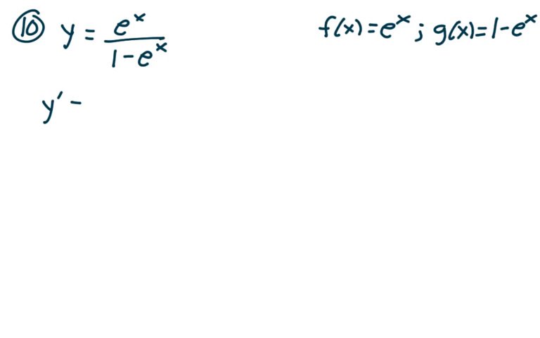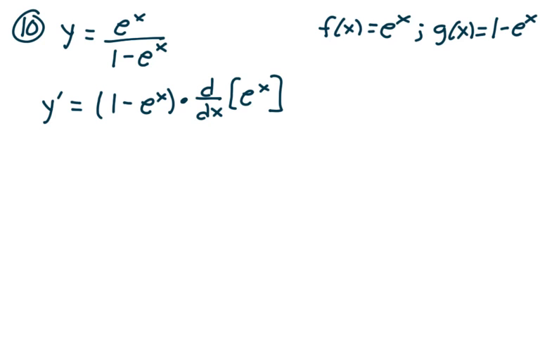So I want to take the derivative. So I'm going to write the bottom function, which is 1 minus e to the x, and then I'm going to multiply by the derivative of the top function with respect to x, like this.